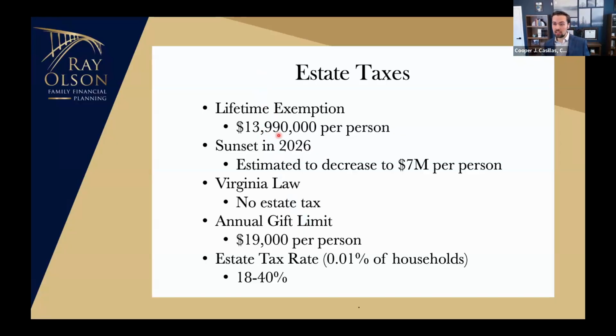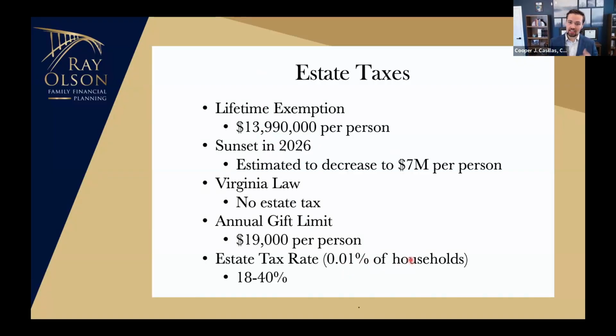I think there are 12 states that do have estate taxes. Virginia does not, and for Joel and Sally in North Carolina, North Carolina does not have estate taxes either, but that's one benefit there. So again, you're really not having to worry about this unless you're in the 0.01%.